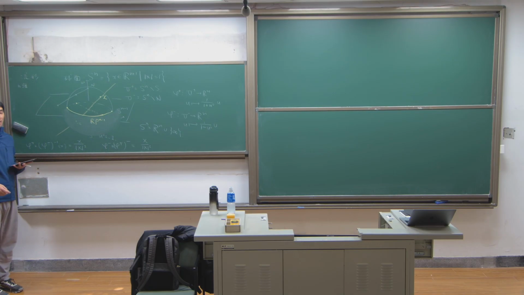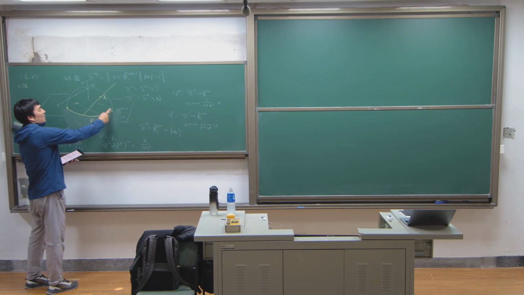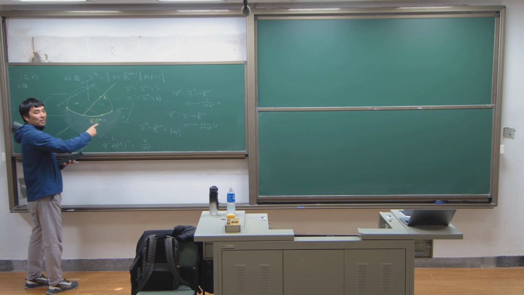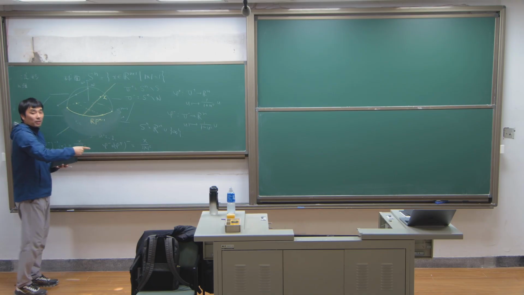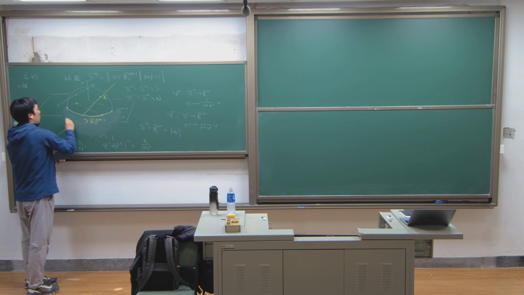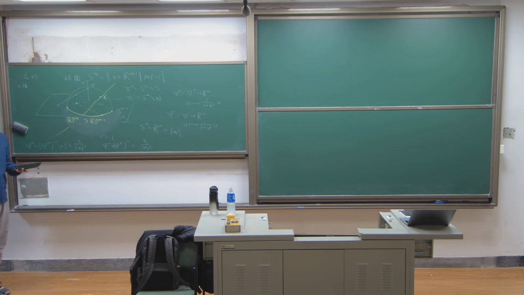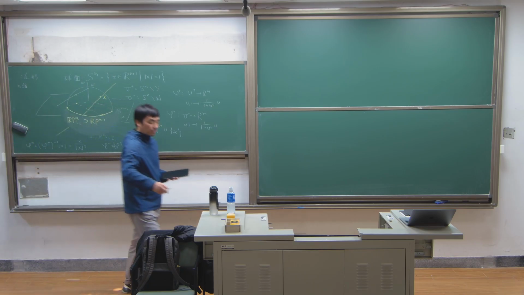You understand what I mean? Because this equator is Sn minus 1, and then you identify the opposite points, and also this yellow line is RPn minus 1. RPn includes RPn minus 1 as a submanifold. Submanifold. That's what I'm going to say.